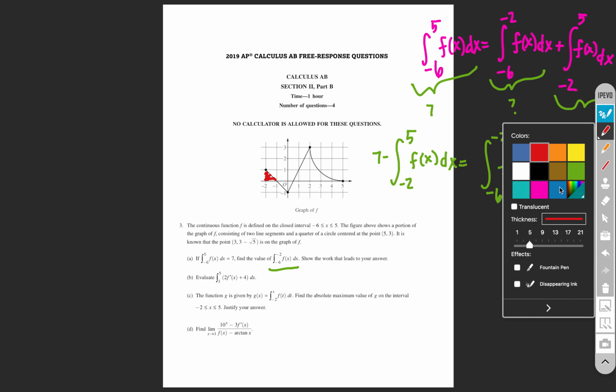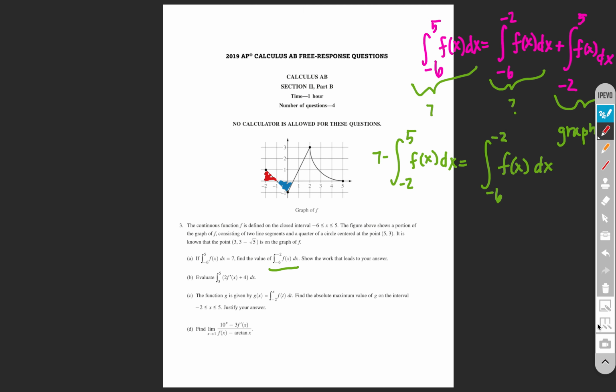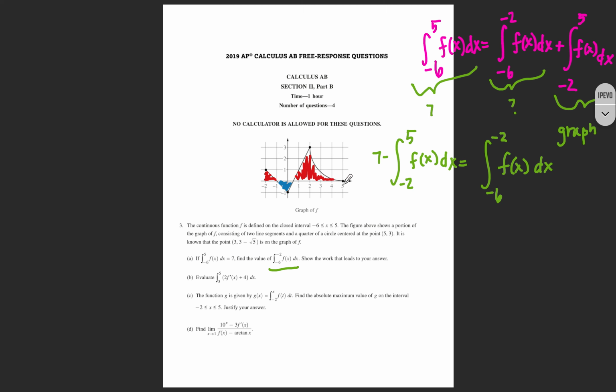Let me use another color for the next piece. We've got this area underneath the x-axis that's going to be included. And then we also have the area from 1/2 to 5, that piece. So we've got three intervals, two of which are positive area, and one of which is negative area.